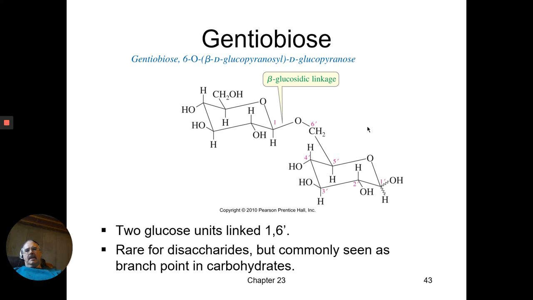Two examples are the amylopectin portion of starch, which contains branch units, and glycogen, which is the storage form of glucose in animals. Glycogen is very highly branched. It contains a lot of these 1 to 6 prime linkages.